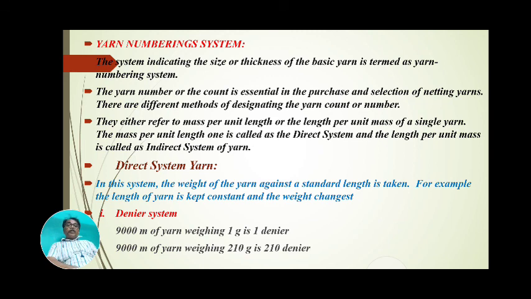The mass per unit length is called the direct system, and the length per unit mass is called the indirect system. Remember that.